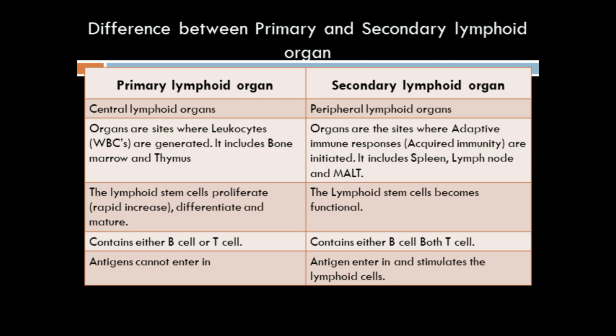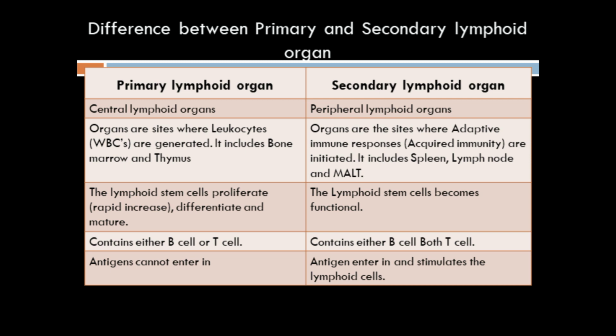And then the lymphoid stem cells proliferate rapidly, that is, fast. Then differentiation and maturation also happen in this primary organ, and it contains either B cells or T cells, and antigens cannot enter completely, it prevents the antigens. So that is the primary lymphoid organs.